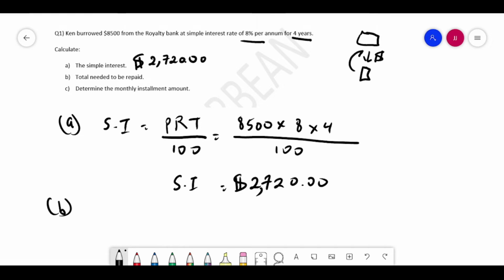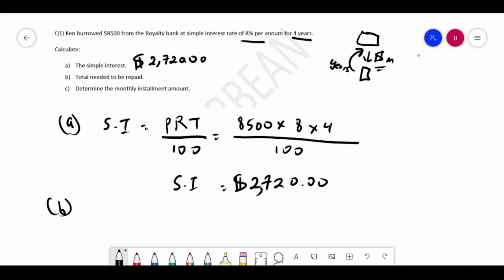But the bank does not let you go that easy. The bank also accumulates interest, meaning more money. So this is the initial amount of money.